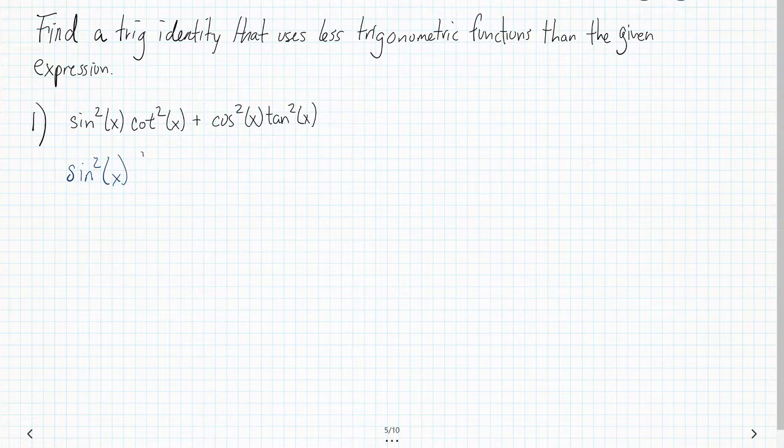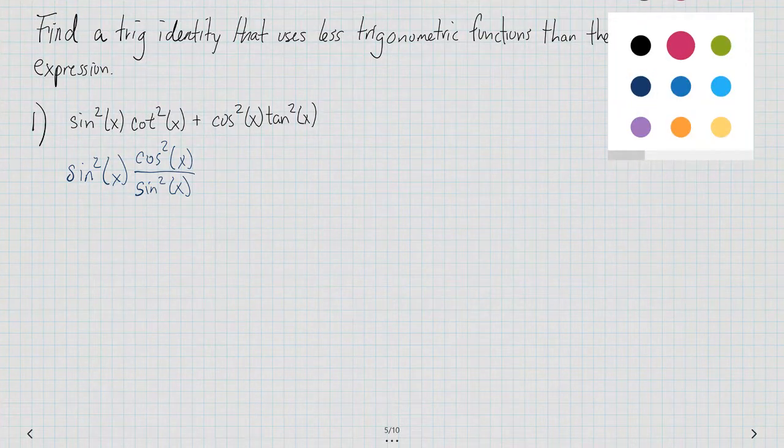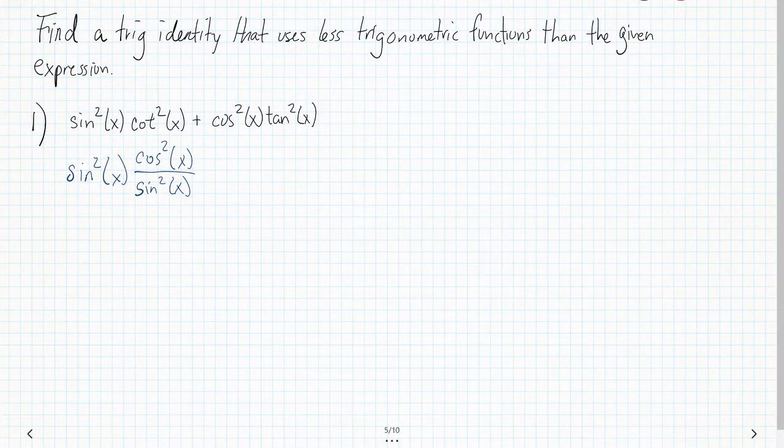Well, that is cosine of x over sine of x, but since it's squared in both positions, you have cosine squared over sine squared of x. And in terms of these trig identities, I'm just saying try and find something that has fewer trig functions there. There's different ways. Sometimes you'll see a list of them and they'll say figure out which ones work. But it's the same old song and dance.